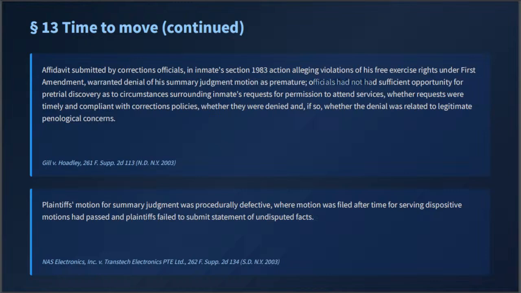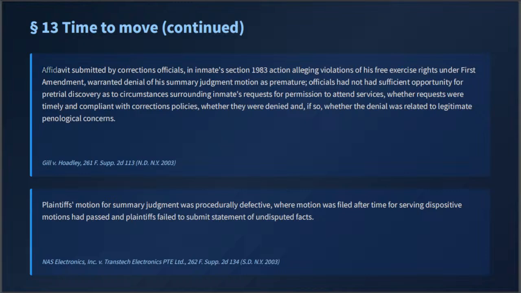The officials had not had sufficient opportunity for pretrial discovery as to circumstances surrounding the inmate's request for permission to attend services, whether requests were timely and compliant with corrections policies, whether they were denied, and, if so, whether the denial was related to legitimate penological concerns. So they had to have that discovery before the summary judgment. Interesting there. And that's from the affidavit by the corrections officials.